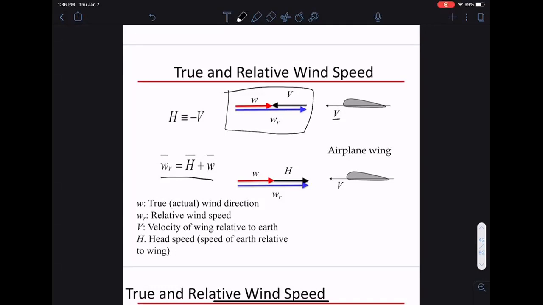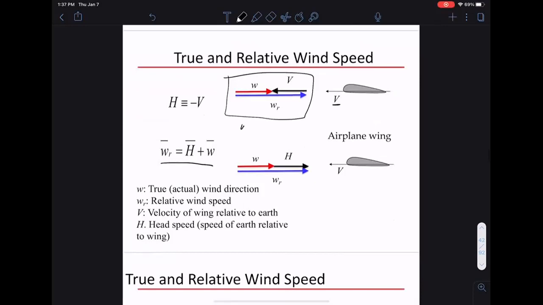But to make the sign convention easier, we often flip it around. We'll flip V around and create a variable called H. H is the head speed, which is just minus V. So in this case, what we write is the relative speed is the speed of wind minus the velocity of the airfoil, taking direction into account.